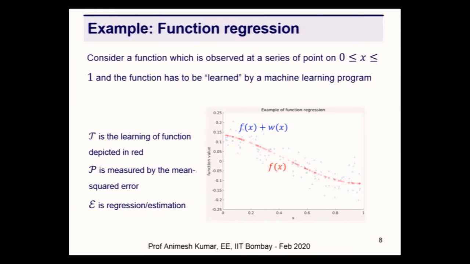But what spoils this learning experience is that there is measurement noise. That's indicated by this f(x) plus w(x). So w(x) here is the noise process which is going to affect the sample measurements. Ideally I should have seen these red dots, but because of measurement noise, I don't end up seeing these red dots. I get to see these scattered blue dots, right?